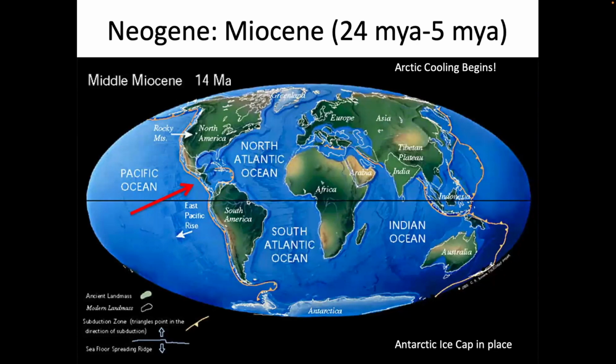But when Antarctica pulled a little farther to the south, it disconnected from South America. And that meant that the ocean currents, which I'm going to show you a map of in a bit, were rerouted and circulated.